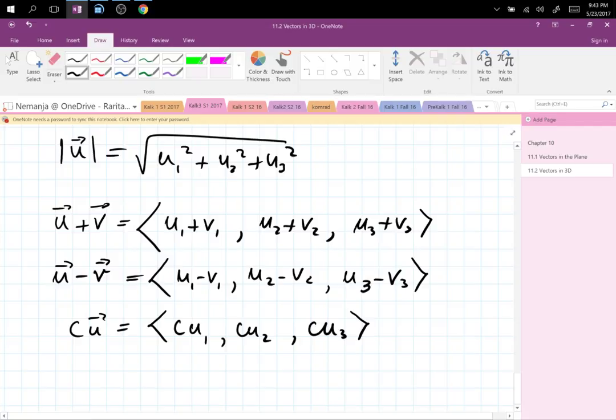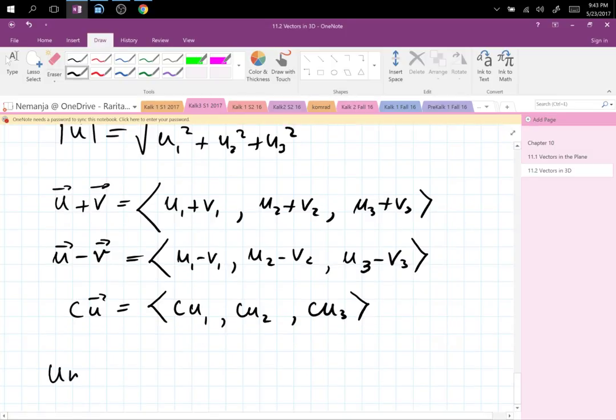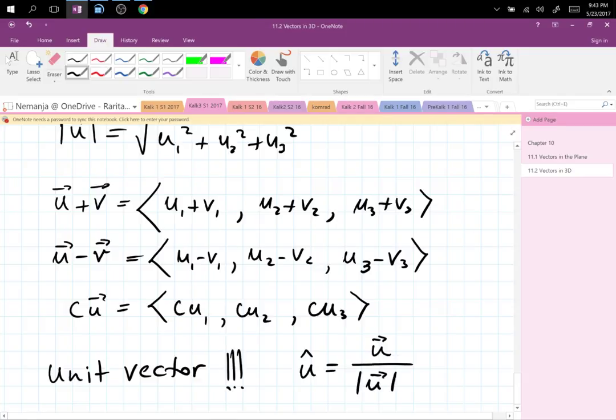All of that stays the same. The magnitude stays the same, and the unit vector is, again, the same formula of taking vector u and dividing it by the magnitude, except now you have 3 components rather than 2, so it's just a little bit more annoying to compute, but in general, you got it.